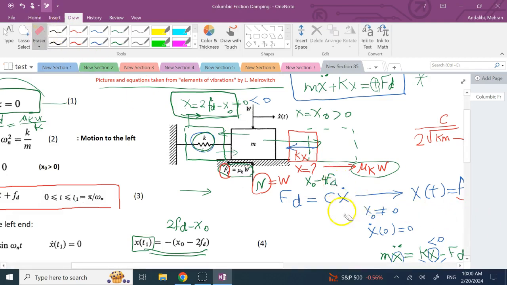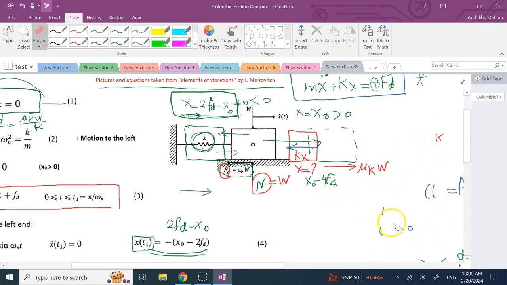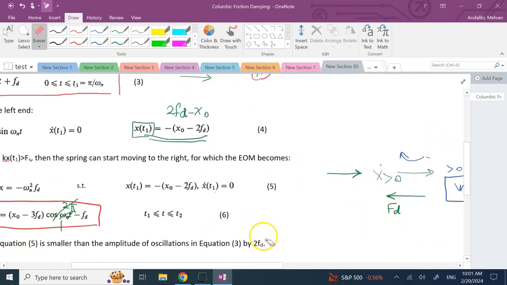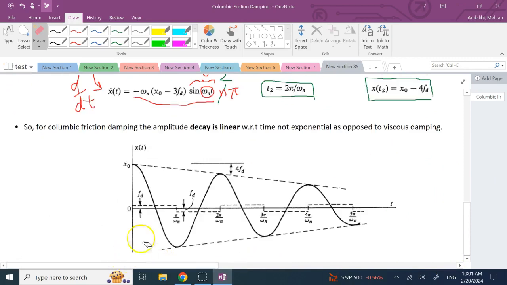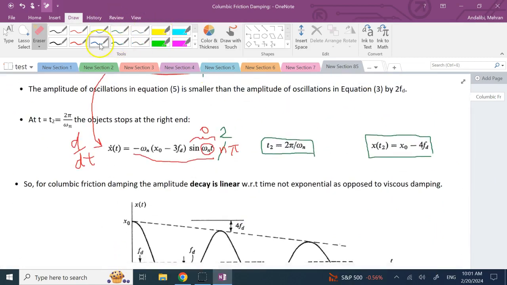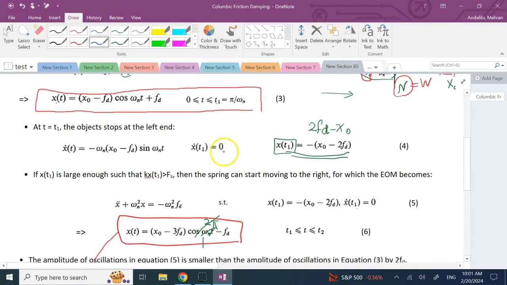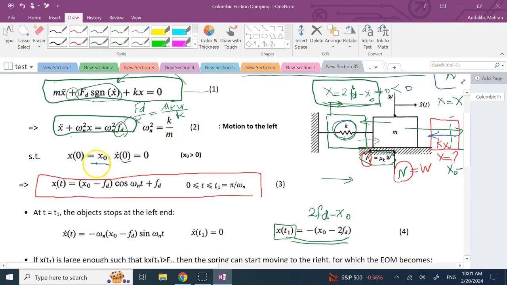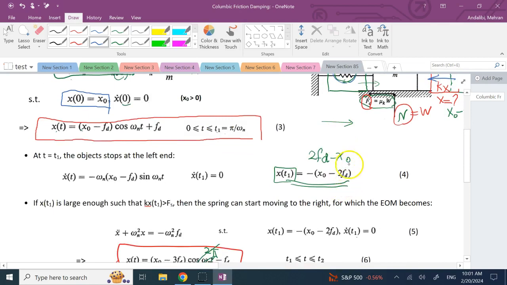Let me clean up this portion here so we can see a little bit better. Okay. So now if I go back, what do I observe? First, I started at x0. This was my initial amplitude. After half a cycle that I moved to the left, my amplitude was 2ft minus x0.